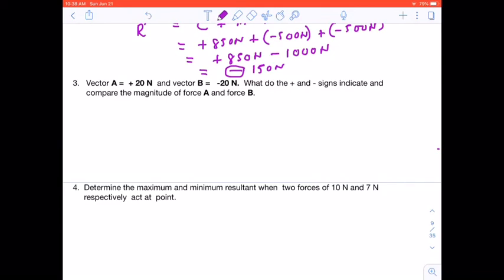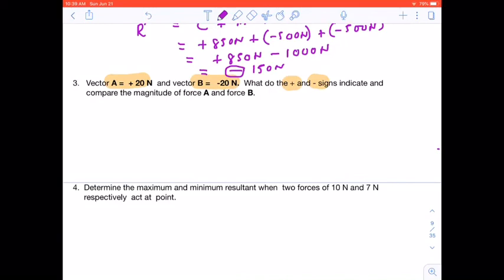Vector A is plus 20 newtons, vector B is minus 20 newtons. Both have the same magnitude, but they act in opposite directions. What does the plus and minus sign indicate, and compare the magnitude of force A and force B?